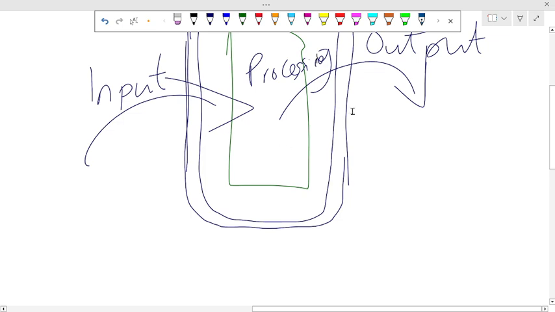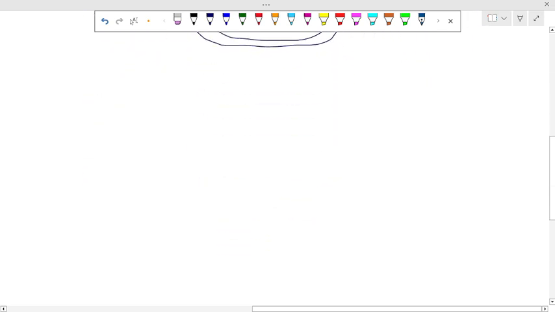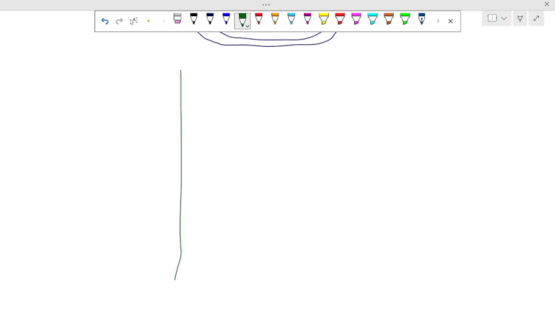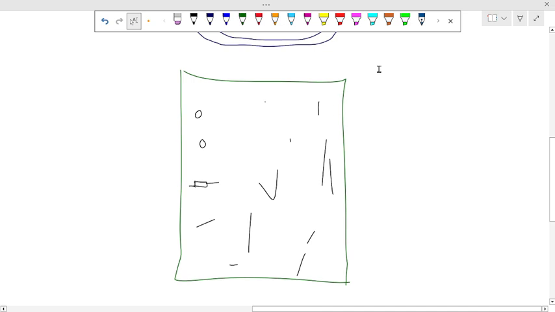Note that if there's something wrong with your phone and you take it to someone who is going to fix it, when they open up your phone, you usually see a green board, and on it you have different components, say capacitors and resistors.